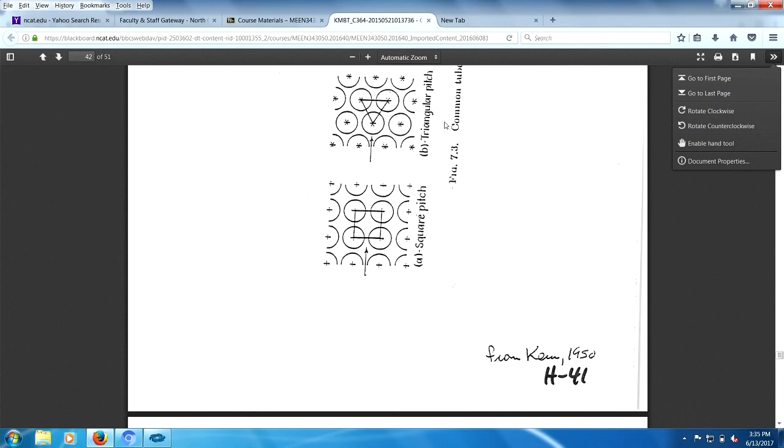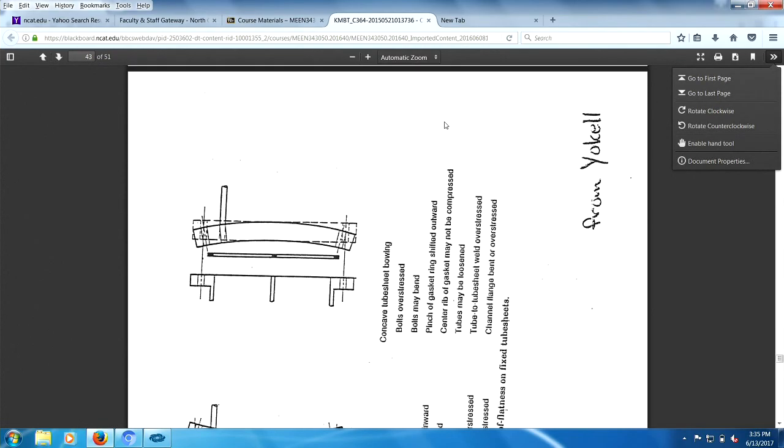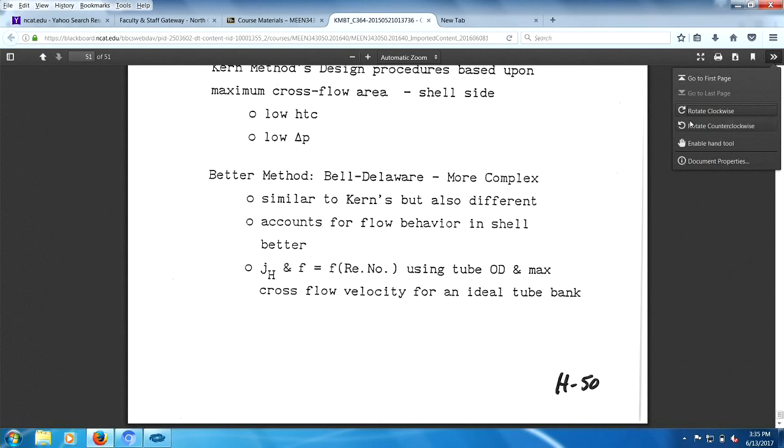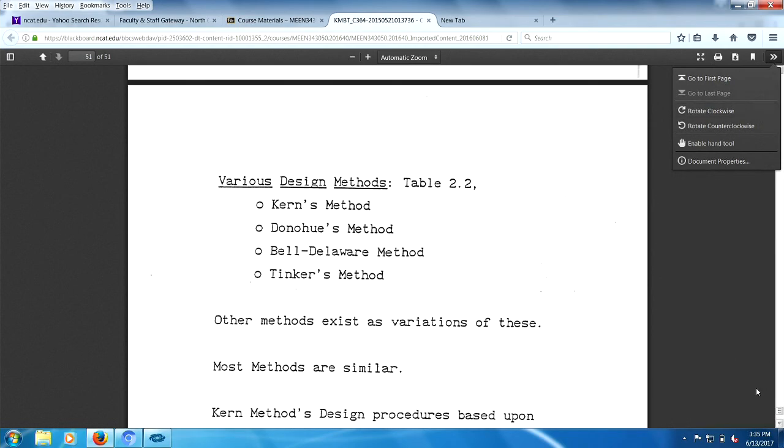We said several ways of solving tube vibrations, and then we're going to do several ways of reducing the cause of tube vibrations. Then we got to talk about that tube sheet here, which I want to rotate clockwise. Oh, geez, I lost my page. T50, I'm already at the end. Wow.